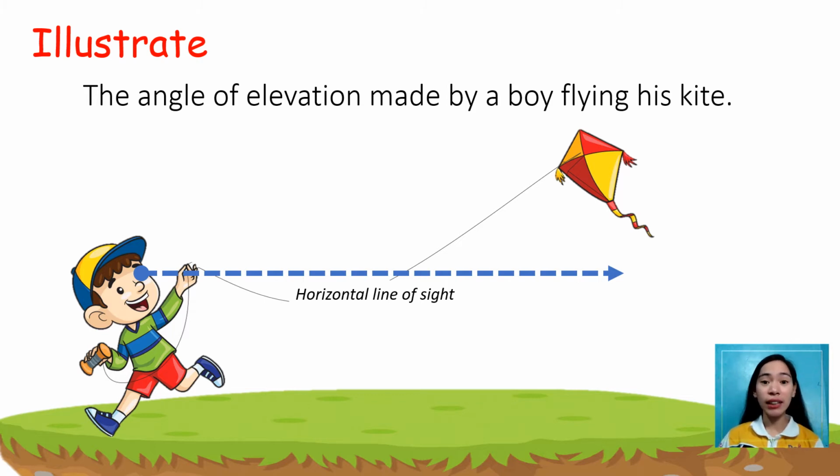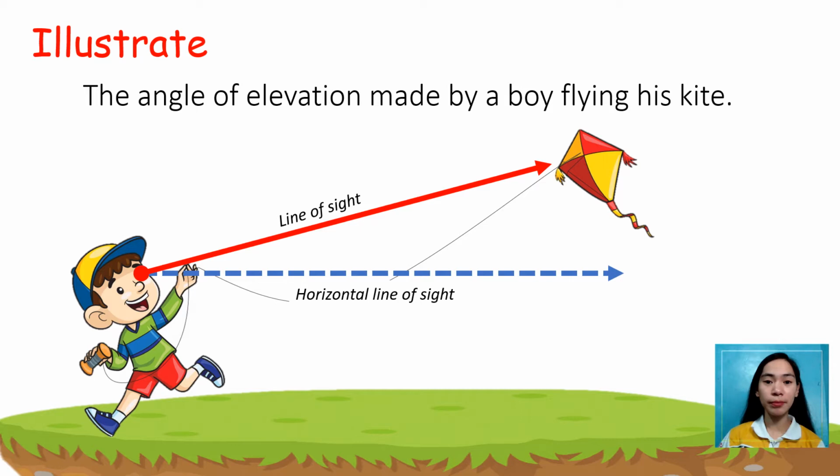After that, the line of sight goes to the kite. And this angle now is the angle of elevation, since our angle is formed above the horizontal line of sight.